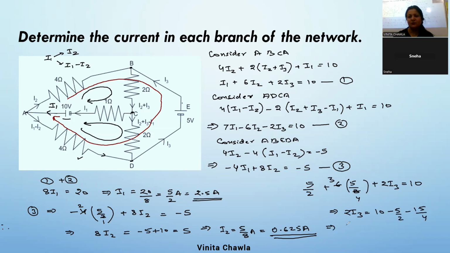This implies 2I3 is equal to, take the LCM, it's 4. 40 minus 2 5s are 10 minus 15, it's minus 25. 40 minus 25 is 15 by 4. I3 is 15 by 8. In decimal, it's 1.875.